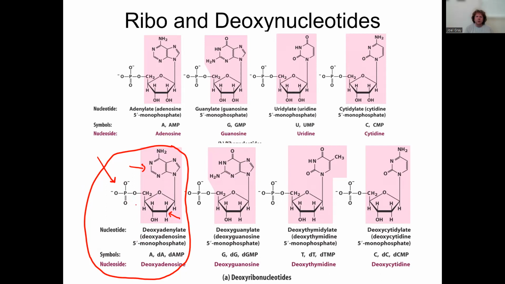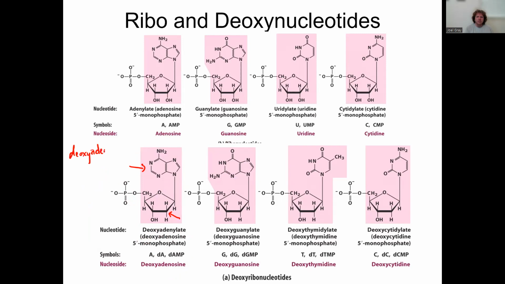So one way to look at this is to say deoxyadenylate equals deoxyadenosine 5' monophosphate.